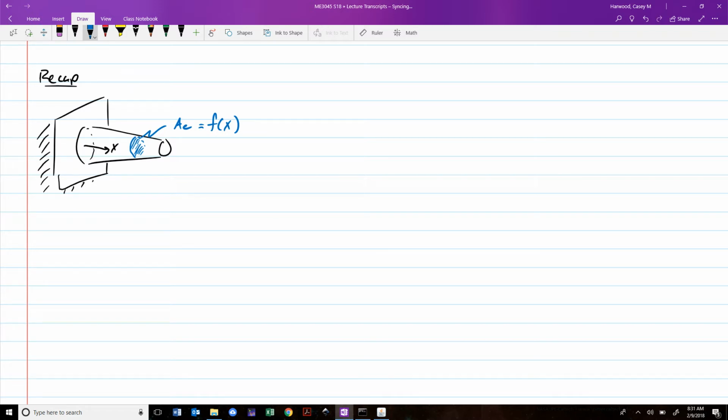And so what we did was we took a little slice out of this fin. We said, assume we take a vanishingly thin slice of material, and we applied a first law analysis to this. Essentially there's some heat flowing in by conduction, some heat flowing out by conduction, and some heat leaving by convection. We'll call these Q conduction in, Q conduction out, and Q convection out.